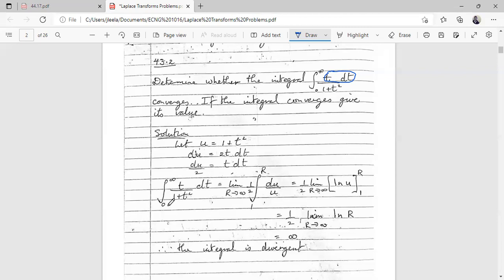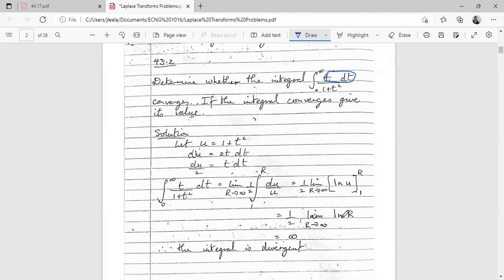So the lower limit is 1. And the upper limit, of course, if t is infinity, u will be infinity. So I replace the top with r, and I let this approach infinity, right? So this will give me ln r, right, minus ln 1. ln 1 is 0, right? So you just get ln r by half, and r approaching infinity.